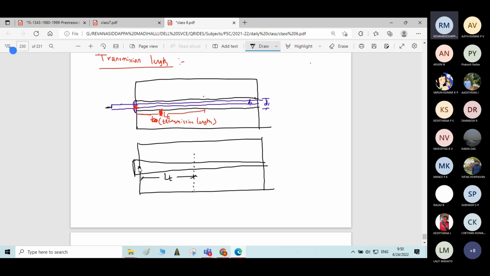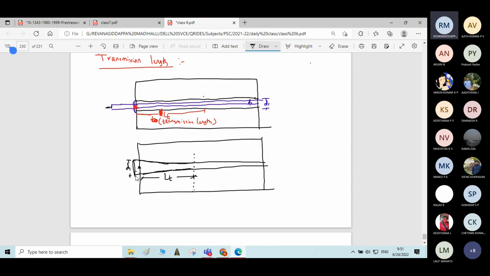As the stress is zero here, the tendon will regain its almost original diameter at the end. As the stresses go on increasing with the length, the diameter goes on decreasing. I hope you are understanding. When it is stretched and released, at the end there will be zero stress. Because of zero stress, the original diameter will be there as it is.